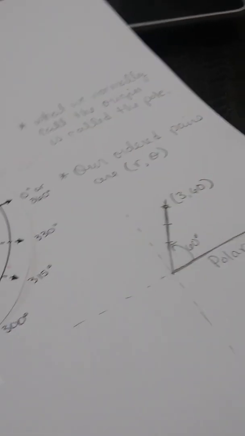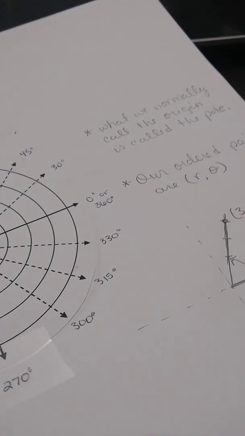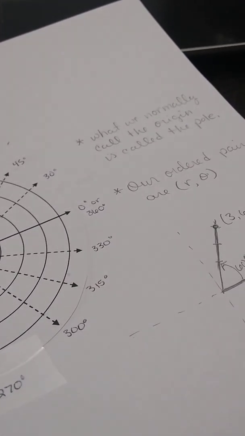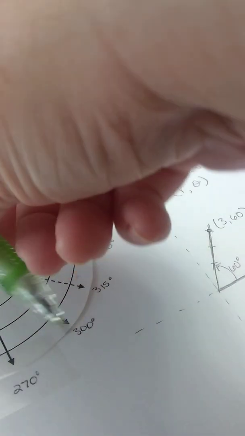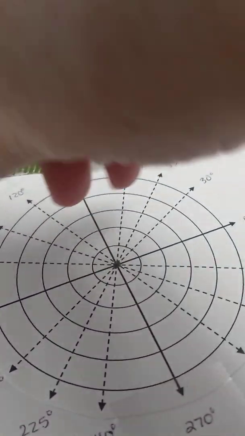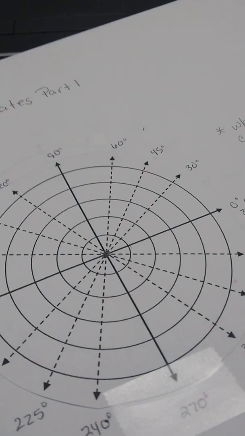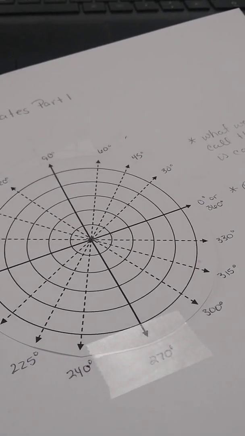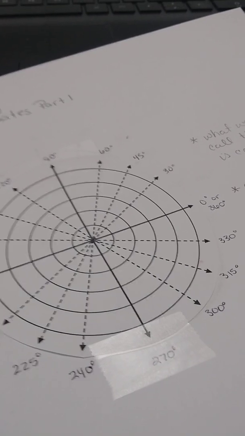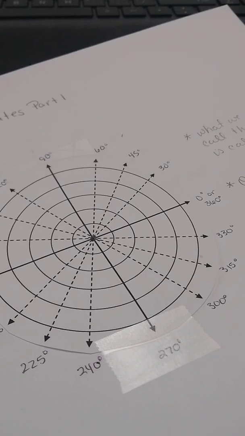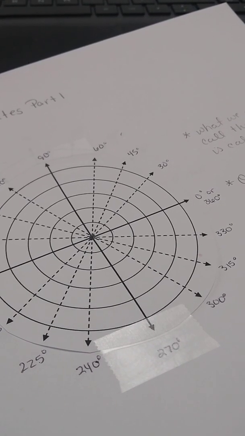So why would we use this? I don't know if you've ever noticed, like on a radar on the news, their line goes around and updates your radar. The radar on TV is on a polar coordinate plane. A lot of things for satellites are on a 360 degree rotation.